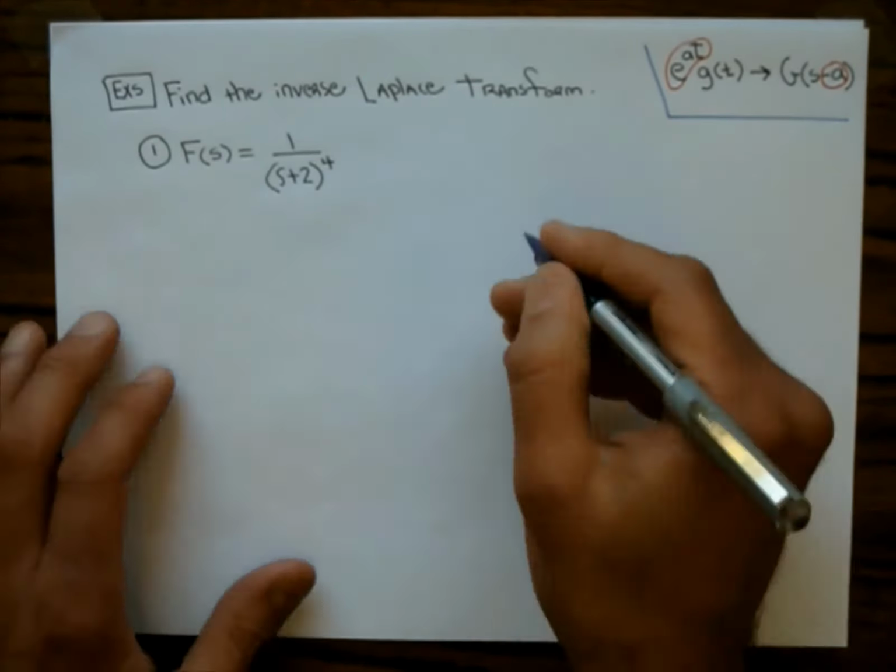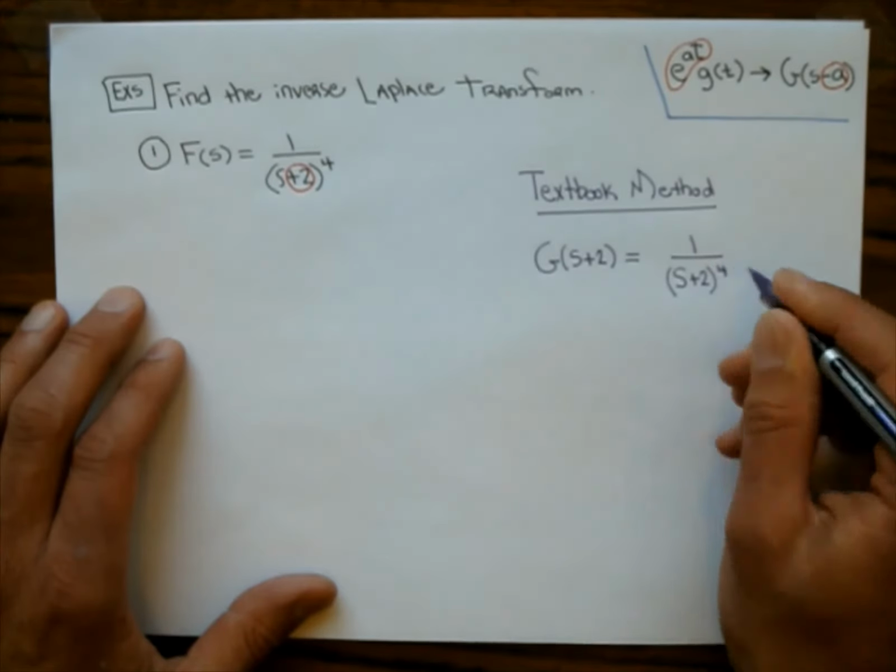So I'm going to go ahead and label g of s minus a, but it's actually going to be g of s plus 2. So that's where I first start off. I take this whole thing and label it as a shift on capital G. So g of s plus 2 is just the thing you see on the right hand side. So this is 1 over s plus 2 to the 4th.